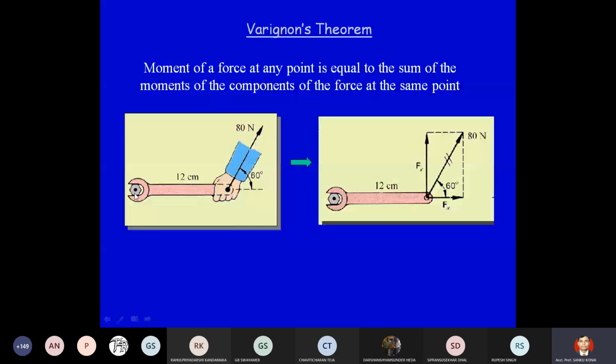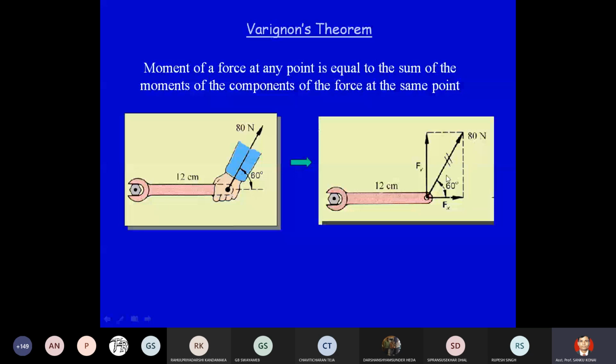Instead of doing that, we can divide this force into two components. We have done that, how to find the Cartesian or rectangular components in two mutually perpendicular directions. We know that the 80 Newton force can be divided into two forces like Fx and Fy. Okay.